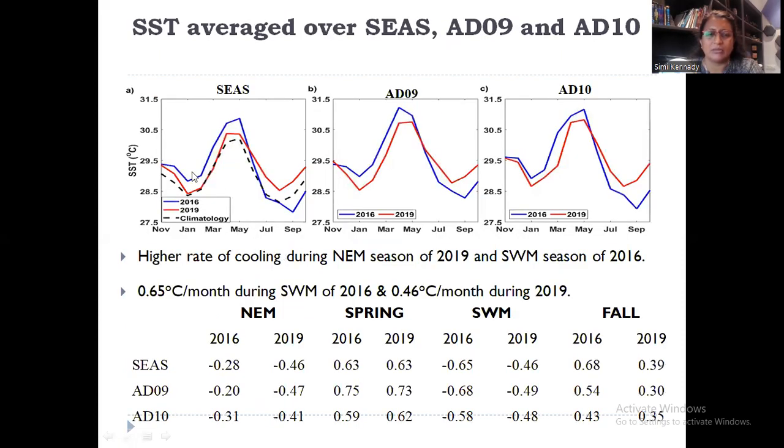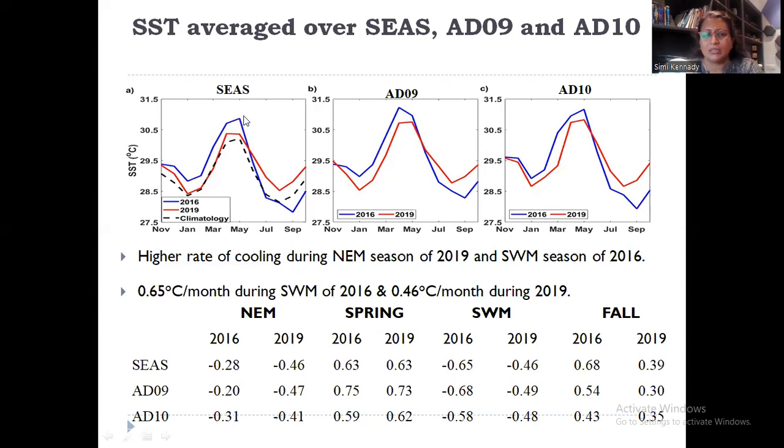And this is the averaged sea surface temperature from the southeastern Arabian Sea. You can see cooling of the SST happening during the northeast monsoon season, and that is very intense during 2019, and that cooling is not that intense during the northeast monsoon season prior to the negative IOD, that is 2016. And this has in turn supported warmer spring transition months during 2016.